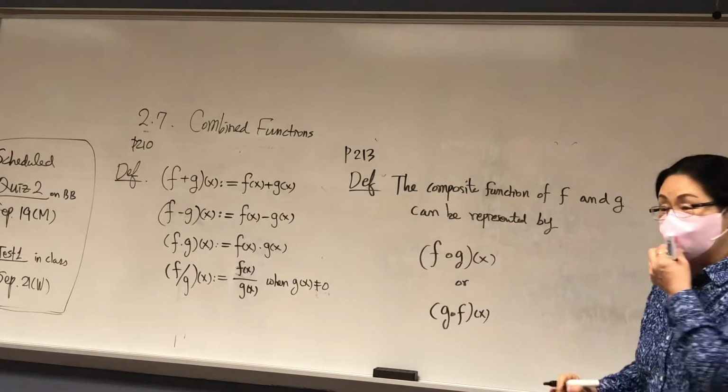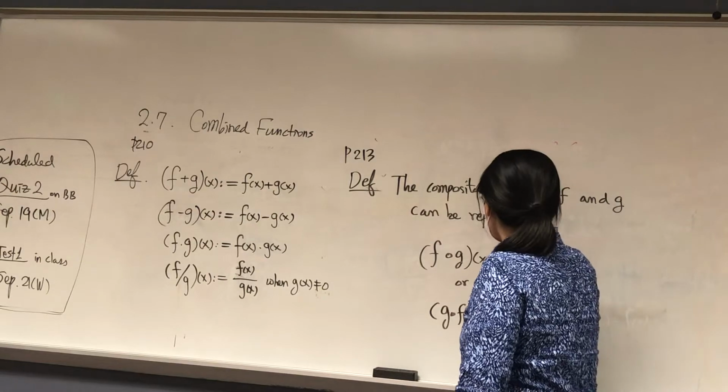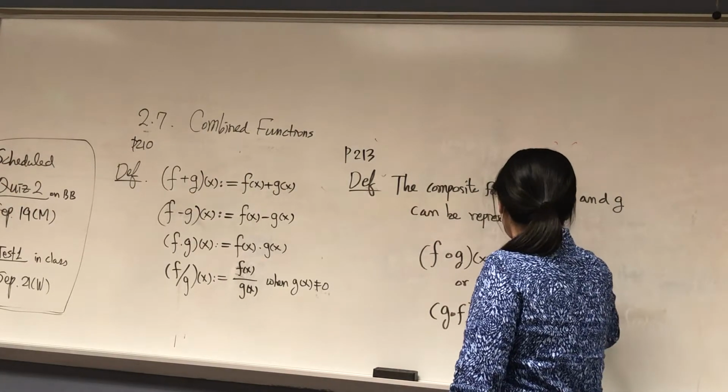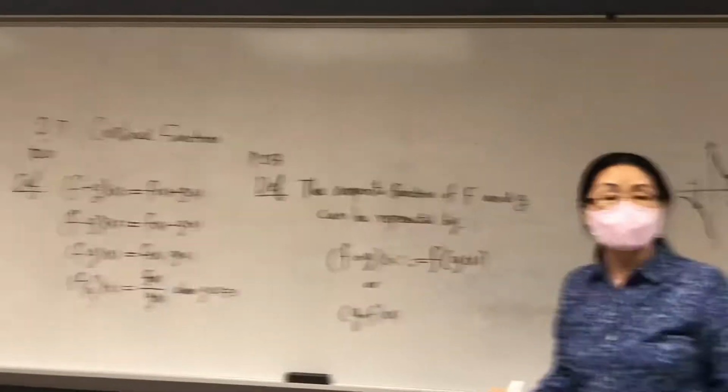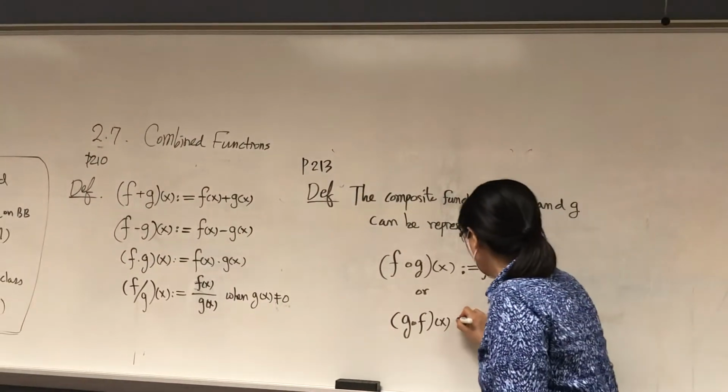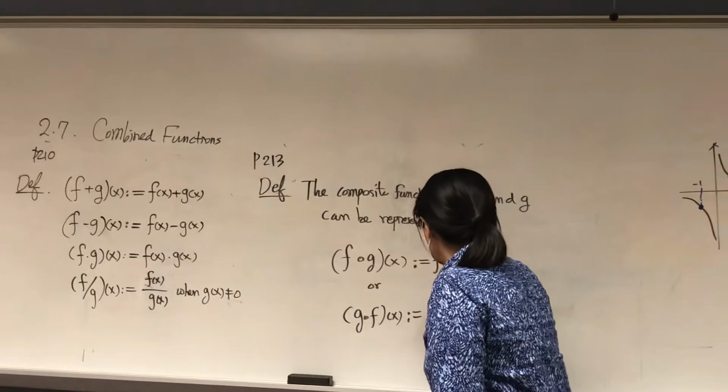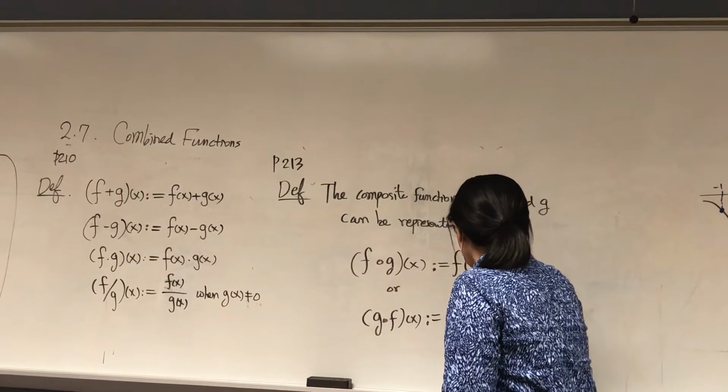What do they mean? This one is f of g of x, if I write using the parentheses, you learned that, right? This one is g of f of x. Am I right?